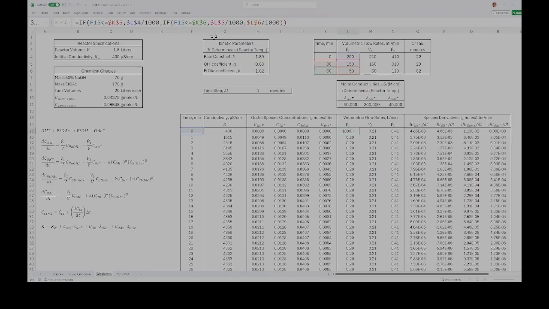If the time is greater than 60 minutes, then that value is going to be equal to the value that we have for that final time step divided by 1,000. And we would have a similar expression for the ethyl acetate solution. And we can use these if statements to change those values as time goes on.